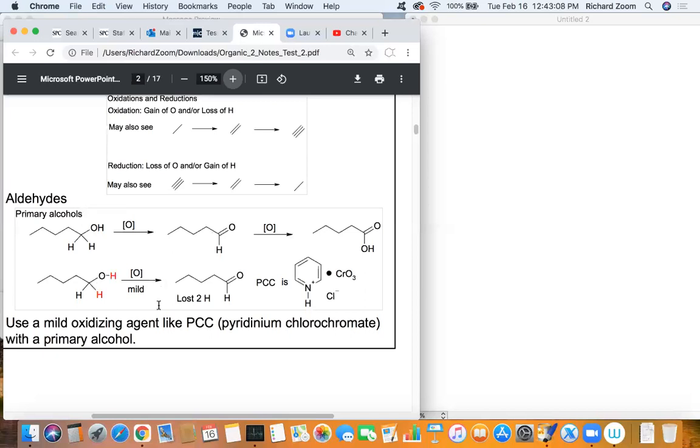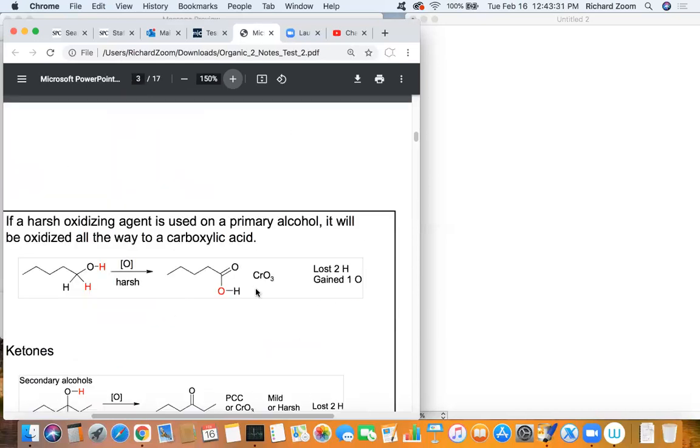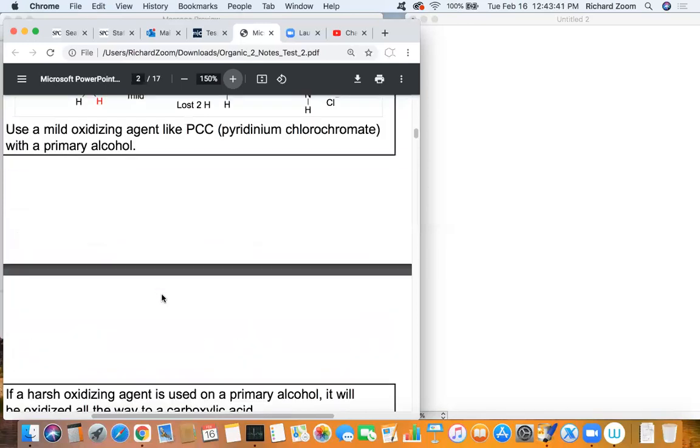So using a mild oxidizing agent will allow us to stop at the aldehyde. PCC is this pyridine ring with CrO3 attached to it. That's called a complex. CrO3 is joined to this ring. If there's no ring there to calm it down, then it's just CrO3. You can see it's just going to turn into a harsh oxidizing agent, and away it goes.